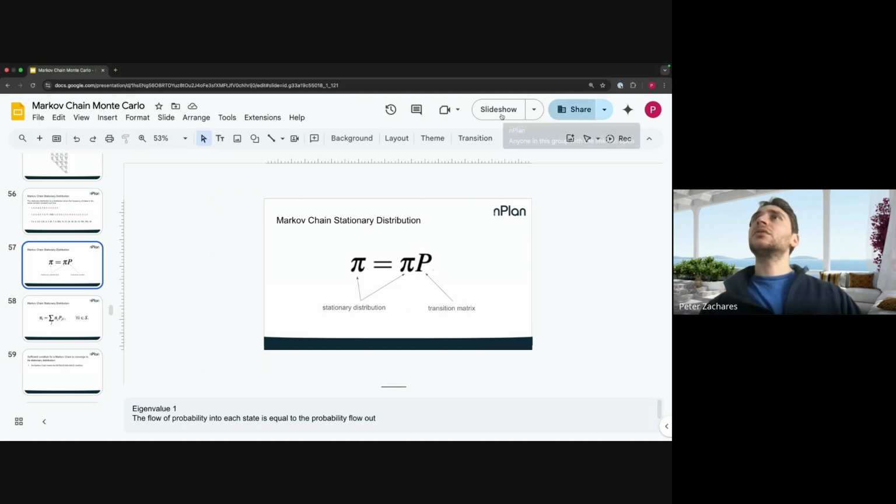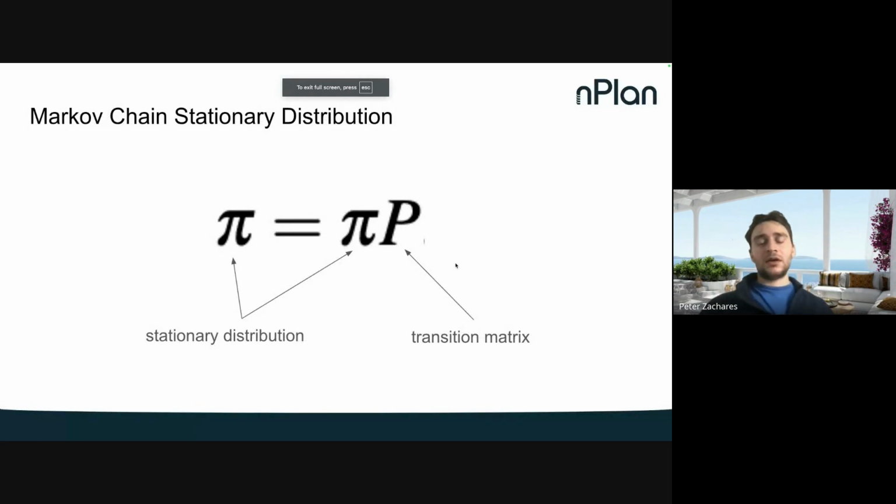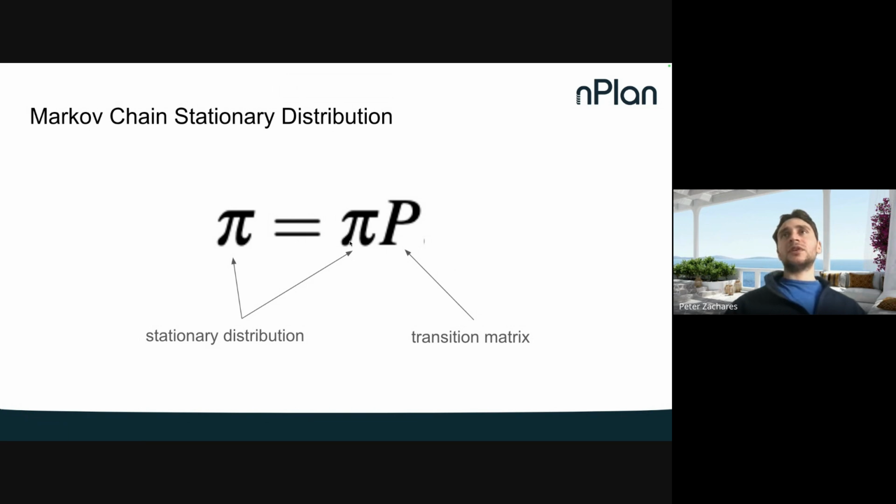So another thing about this is that in order for this to be true, that the stationary distribution pi equals the stationary distribution times the transition matrix, that means that the flow of probability out of any state by the transition matrix has to equal the flow of probability into that state.